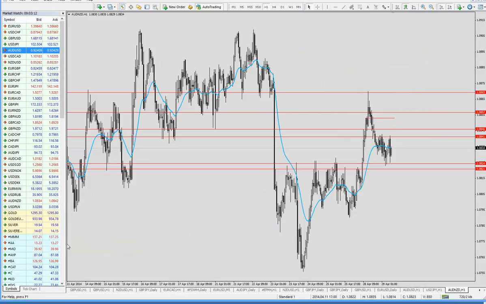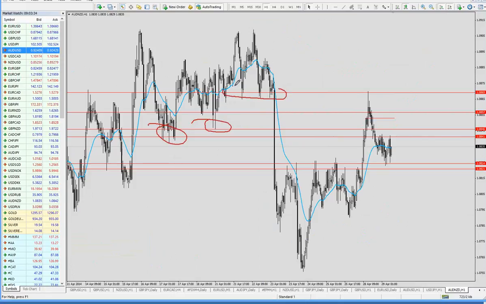We are sitting short here. So the short has been taken based on those two levels.